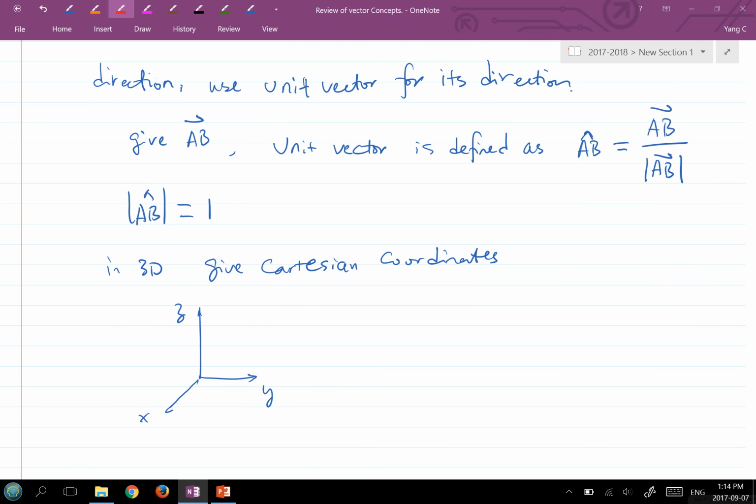Often, we represent the axes of these Cartesian coordinates using 3 unit vectors.